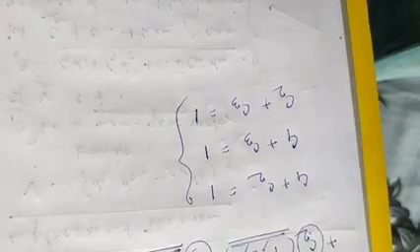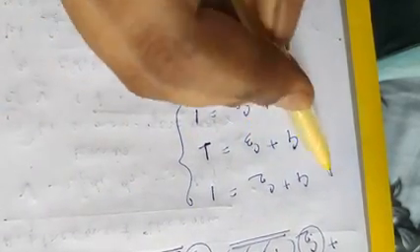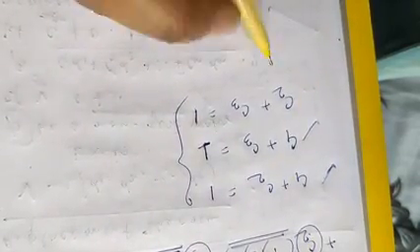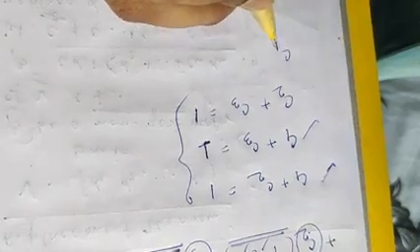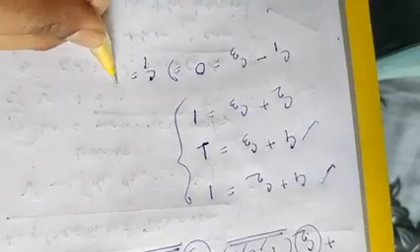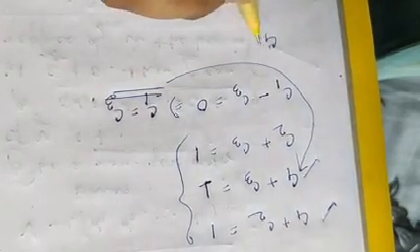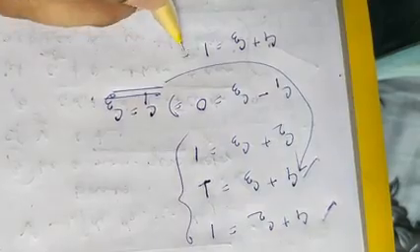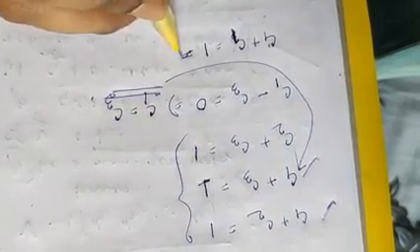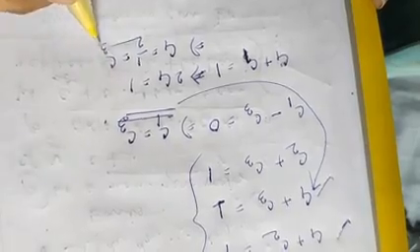How will you solve it? We can solve it if we take this one and this one, subtracting these two. What will we get? C1 minus C3 equal to 0. That is C1 equals C3. Now put C1 equals C3 in this equation. C1 plus C1 equals 1. That is 2C1 equals 1. So C1 equals half, and C1, C3 are the same, so this is equal to C3.